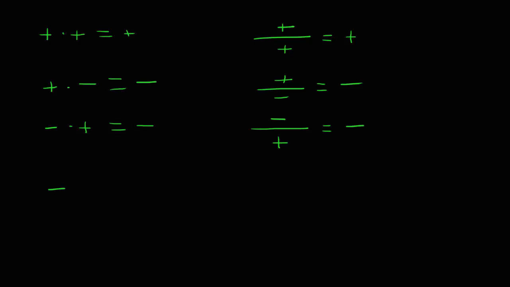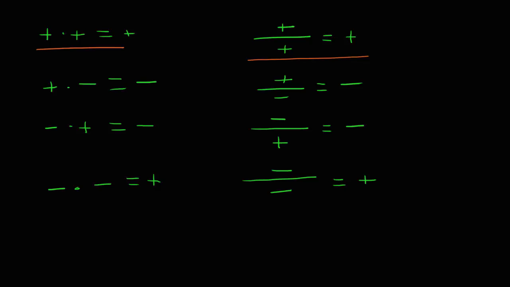And a negative times a negative is equal to a positive, and a negative divided by a negative is also a positive. So the rules for the sign of a division problem are the same as the rules for multiplication problems. A positive times a positive is a positive, and a positive divided by a positive is a positive.